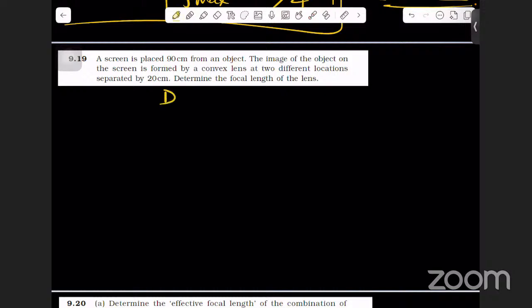That we denote by capital D, which is given as 90 centimeters. And the distance between the two locations of the convex lens, where the image of the object on the screen is formed, is separated by 20 centimeters. That is given by small d as 20 centimeters. We need to find the focal length of the lens.